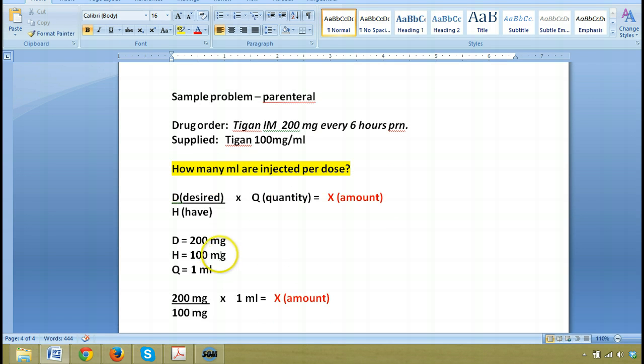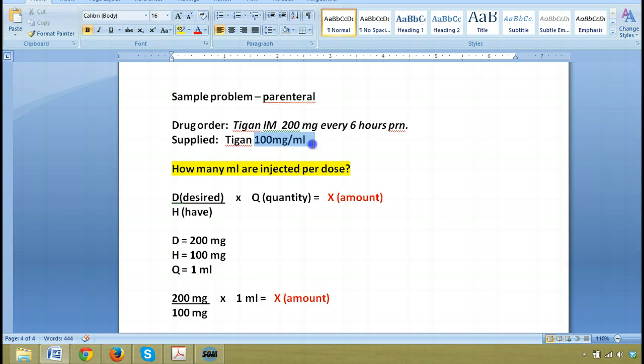Same equation. Your D for desired is 200 milligrams. Remember, the drug order or prescription is 200 milligrams. So you're going to put 200 for your top number. What do you have on hand? We have 100 milligrams on hand. 100 milligrams supplied. What is your quantity? Your quantity is 1 mil.